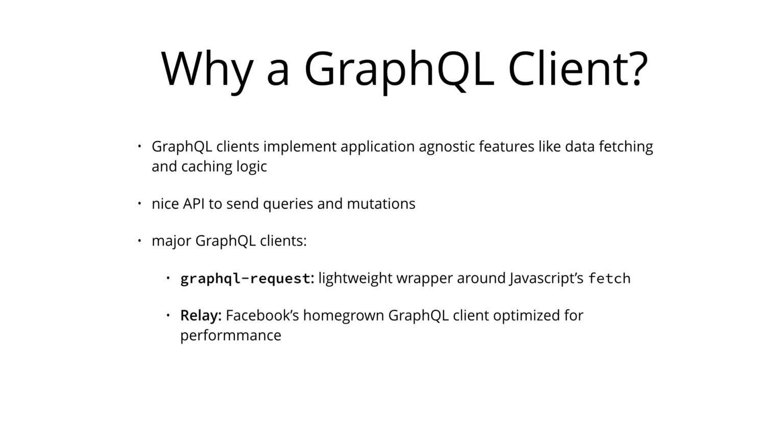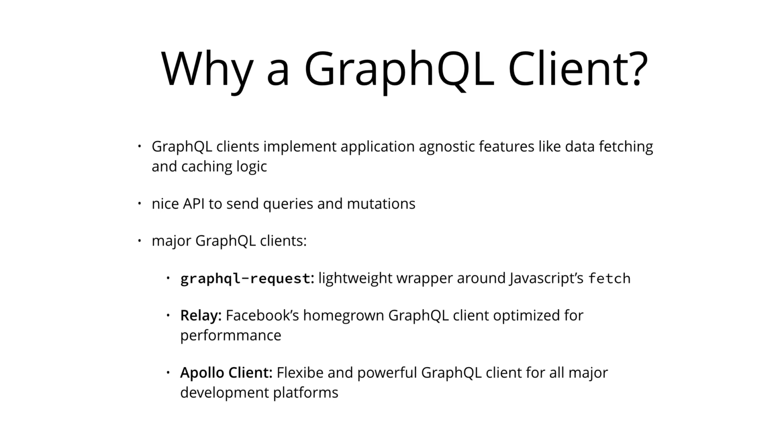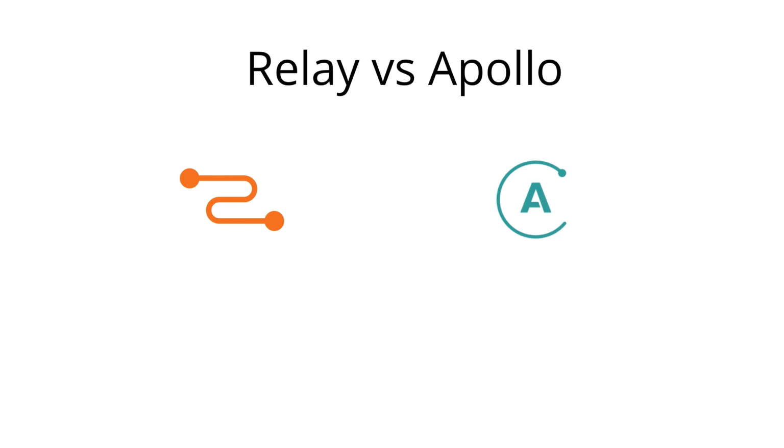In these cases, you pretty much have the choice between Relay and Apollo client. But how to decide which one to choose? We'll try to provide a few hints that'll help you decide which of these clients is the right one for your next project. Relay is Facebook's homegrown GraphQL client that they open sourced alongside GraphQL in 2015.